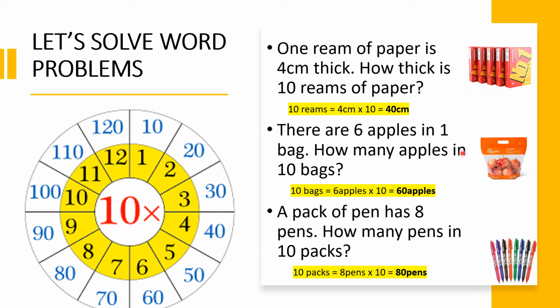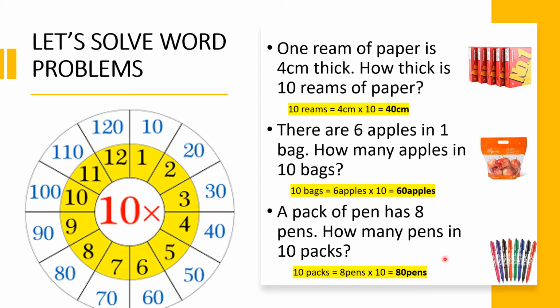Good. Now, the third says a pack of pen has 8 pens. This is our 8 pens. And it says that we have 10 different packs. So just like we said the other time, one pack has 8. The second pack will have 8 plus 8. That will make 16. The third pack will have another 8. So we have to add 16 plus 8. The fourth pack again will have another 8 pens in it.